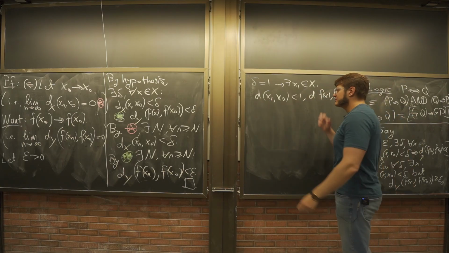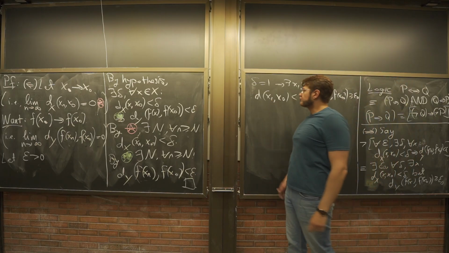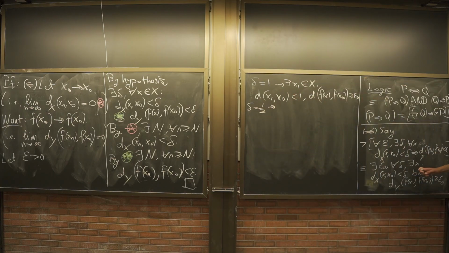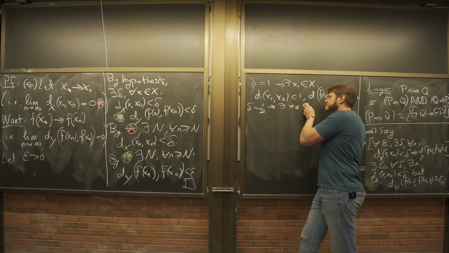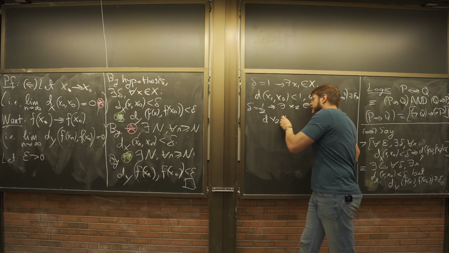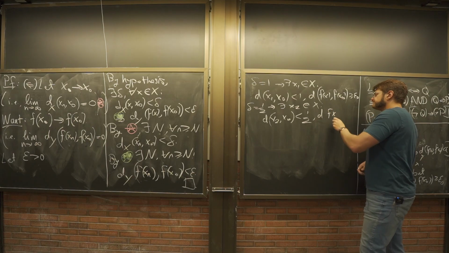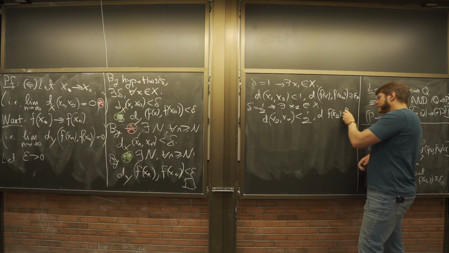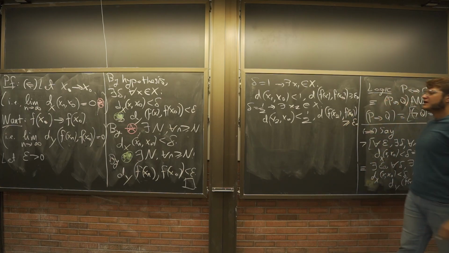I stopped writing the subscripts at this point because it becomes pedantic. Then I use, for instance, delta equals 1/2. Again, this statement tells me there's some other point. Maybe it's the same point, but I don't mind. It's still going to create a sequence for me. d of x2, x0 is within 1 over 2, but d of f of x2 and f of x0 is bounded from below by epsilon 0.